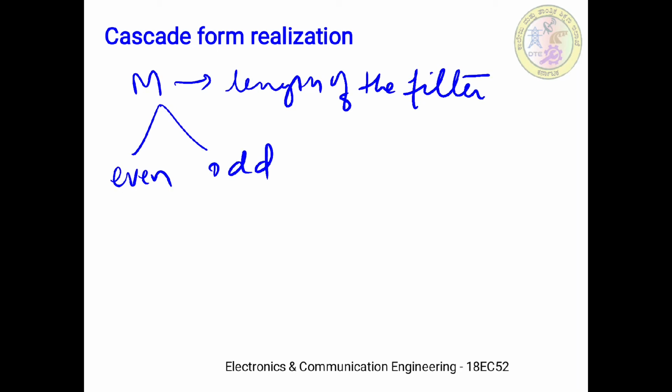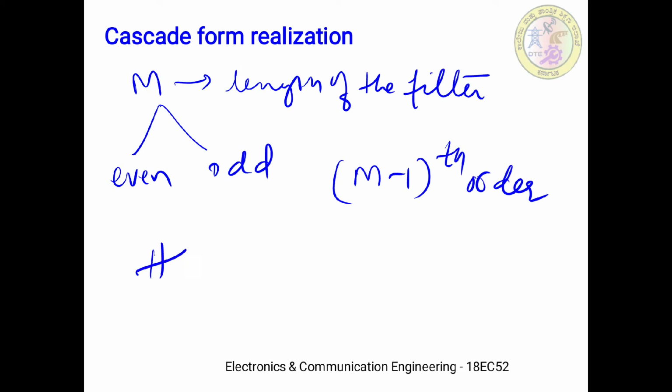So let us consider the factorization and then cascade realization of FIR systems when M is odd. As the transfer function of an FIR system is an M minus 1th order polynomial, this polynomial can be factored into second order factors.